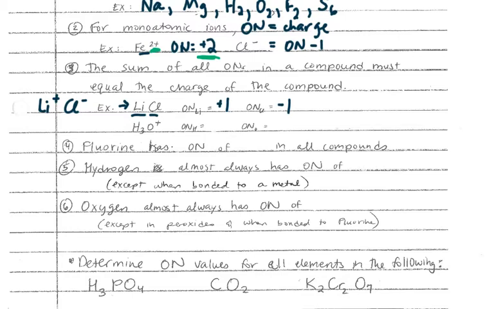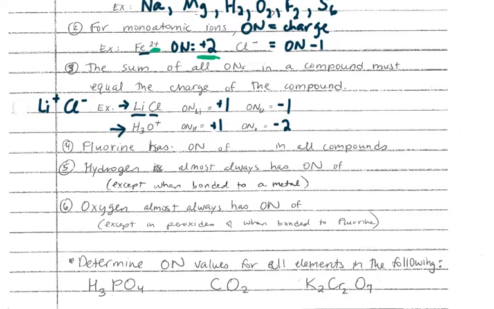If we have an ion, like hydronium ion, H3O+, the charge needs to add up to the actual charge there, so it needs to add up to a +1 charge. Well, the oxidation number on hydrogen is +1, because hydrogen makes a 1 plus charge when it's an ion, and the oxidation number on oxygen, when it forms an ion, is -2.